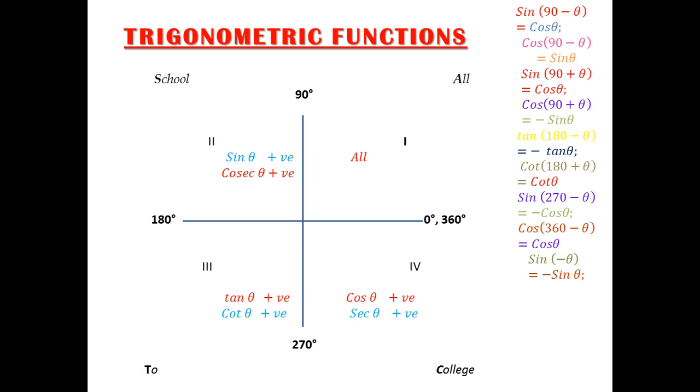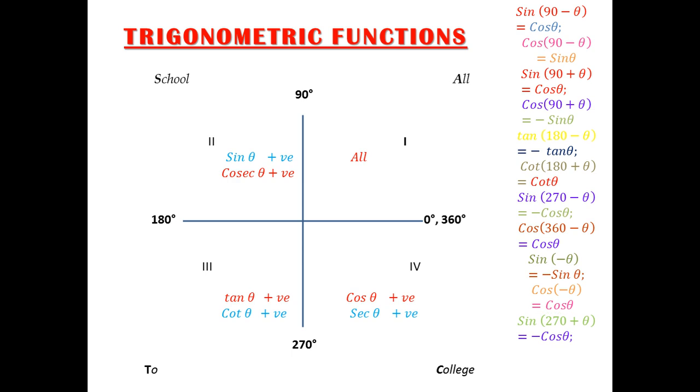Whenever you see minus theta, just think of fourth quadrant. In fourth quadrant, cos theta and secant theta are positive. Rest are negative. Now in our question we have sine. Sine minus theta is negative, minus sine theta. But cos minus theta, again fourth quadrant. In fourth quadrant cos theta is positive, so our answer is cos theta.